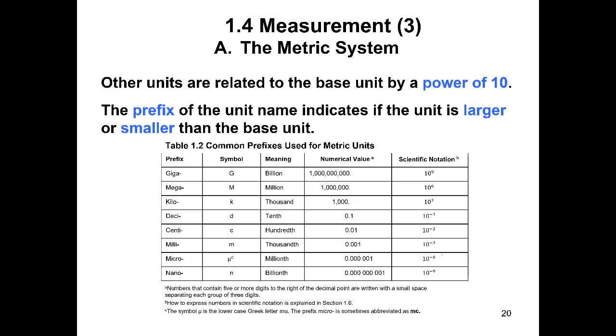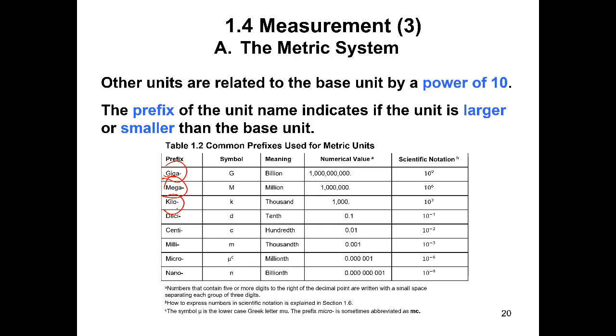Other units are going to be relating to the base by a power of 10. And we use prefixes to do that, and that indicates if the unit is larger or smaller than the base unit. For example, giga, mega, and kilo are big, okay? If you ever watch the cop shows, they got a kilo of cocaine or whatever, okay, you know that's big, right? That's bigger than a gram or whatever we're talking about.